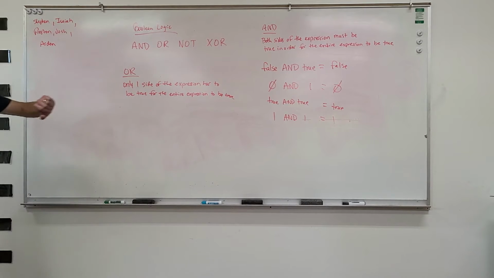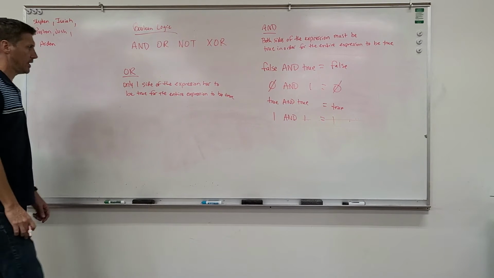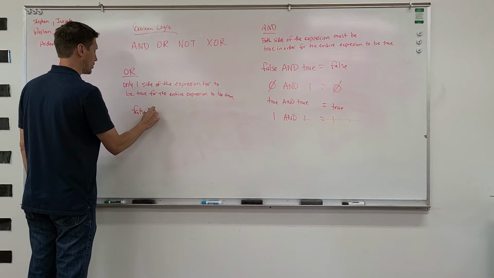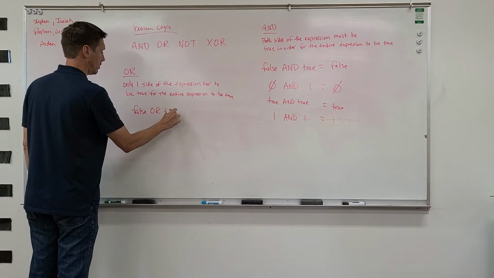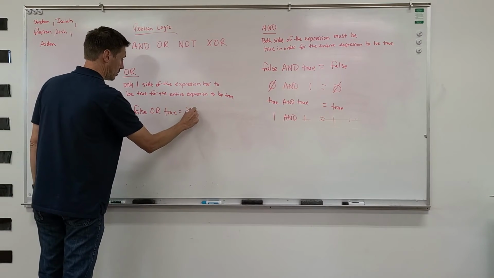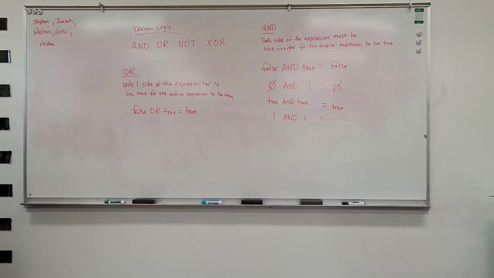All right, only takes one. So then, if I do not false and true, but if I do false or true, then that will equal true. Because one side of the expression was true. That's all it takes. It's just one side to be true for the whole thing to be true.